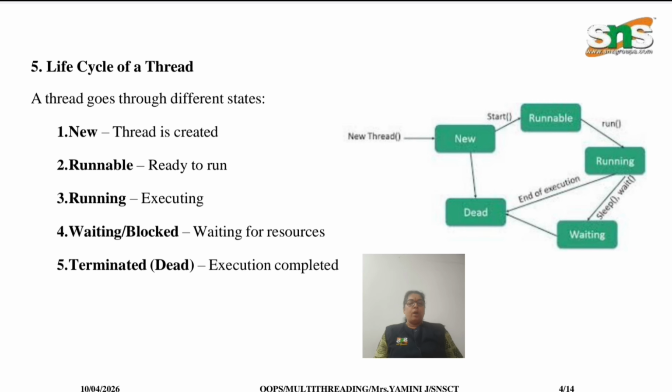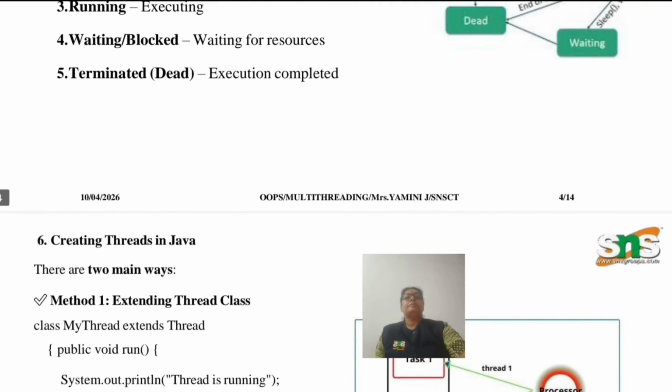Finally, once execution is finished, the thread enters the terminated or dead state. Understanding the thread life cycle is important because it helps programs manage threads efficiently. Next one, creating a thread in Java using the Thread class.